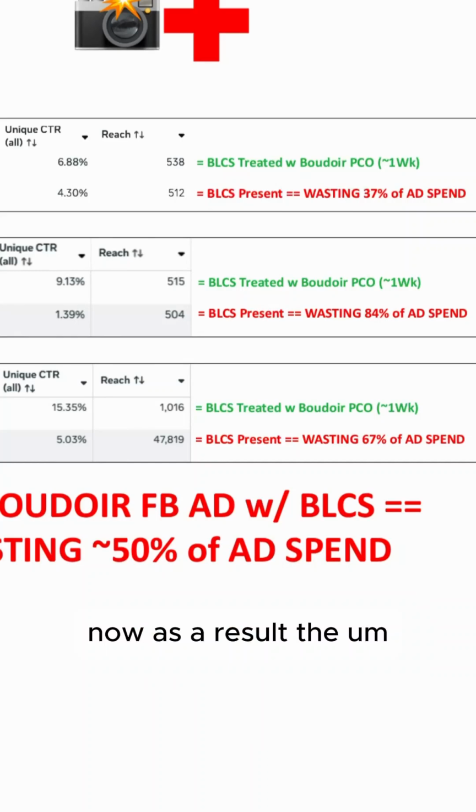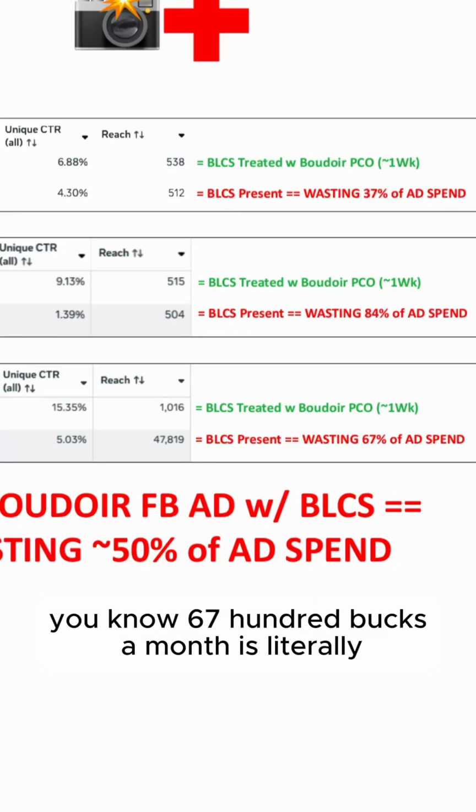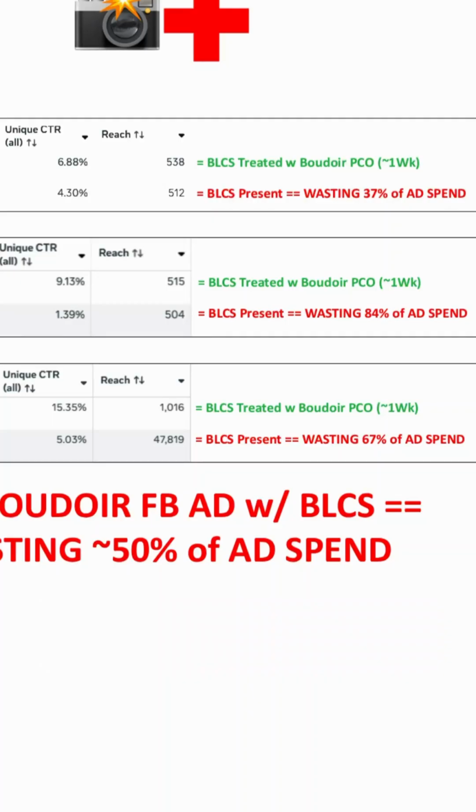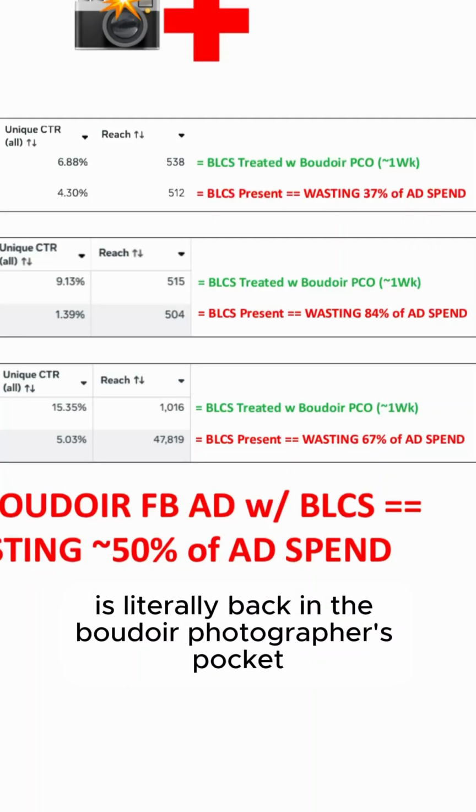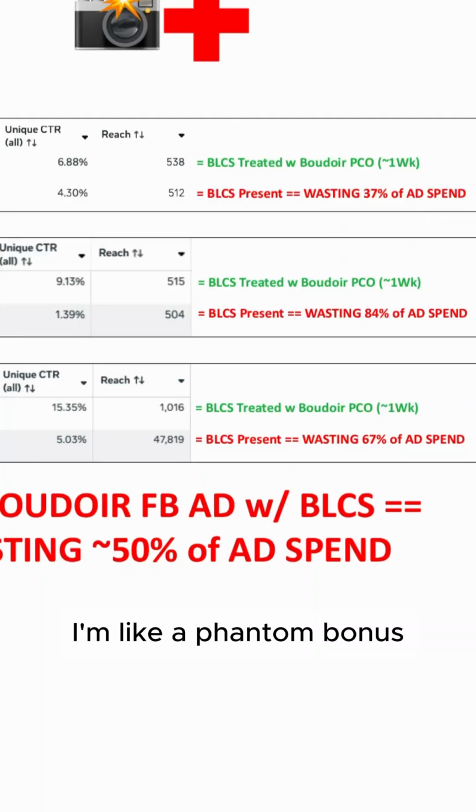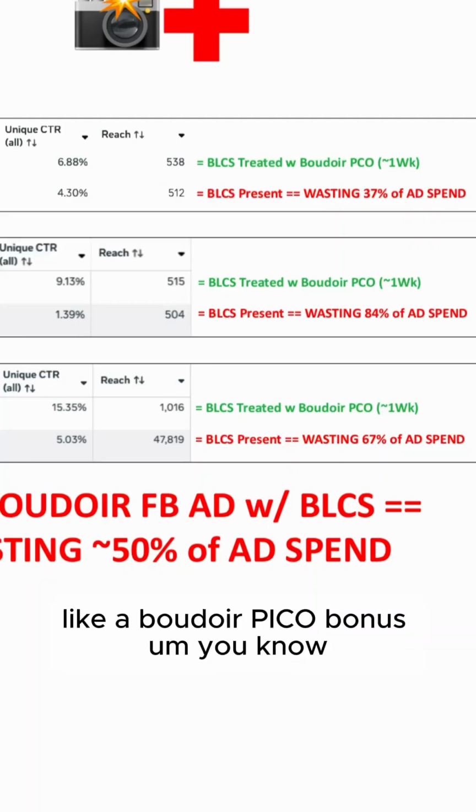As a result, the $6,700 a month is literally back in the Boudoir photographer's pocket because they don't have to spend it. It's like a phantom bonus, like a Boudoir Pico bonus.